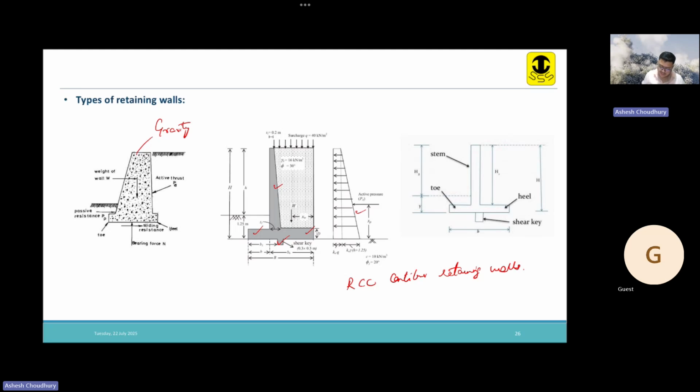So what is the benefit of this shear key? The soil here will give some passive resistance to the retaining wall.